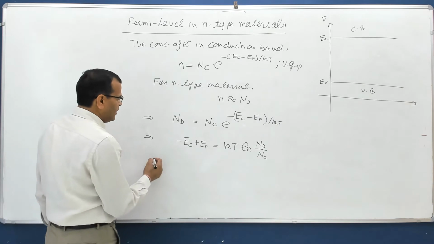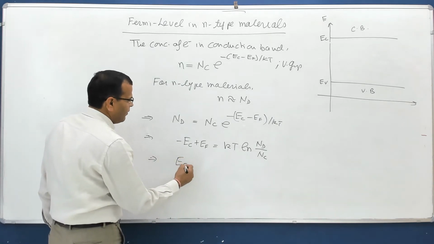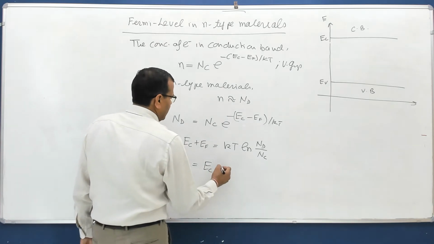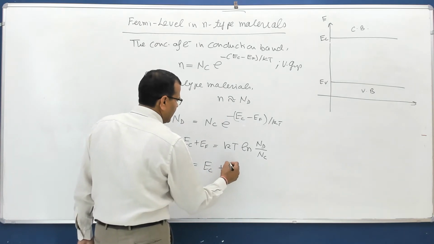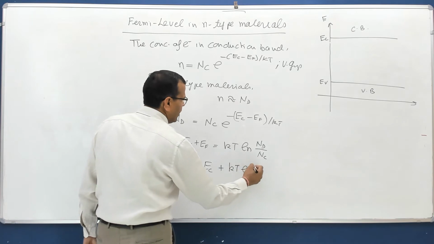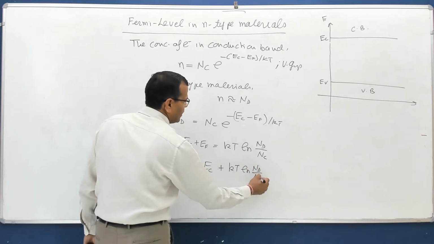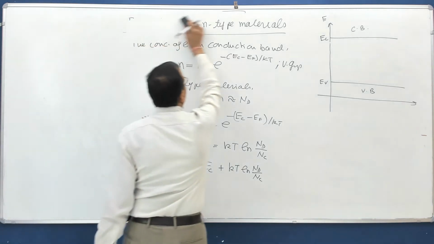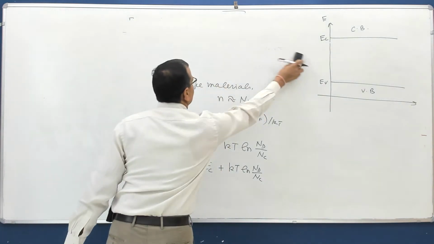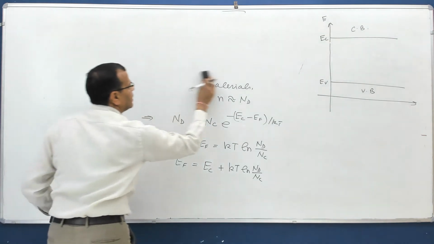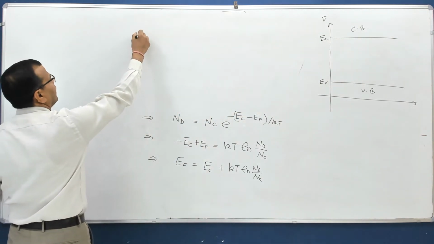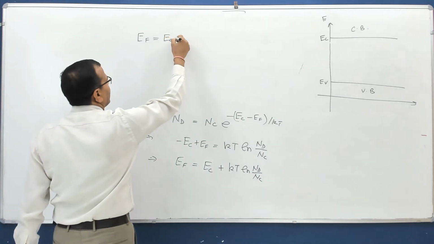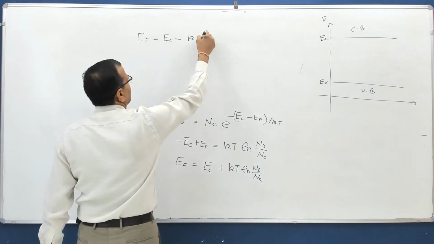Or you can rewrite it like Ef equal to Ec plus Kt ln Nd by Nc. I will rewrite it like this, a slight modification in this expression, that is Ef is equal to Ec minus Kt ln Nc by Nd.